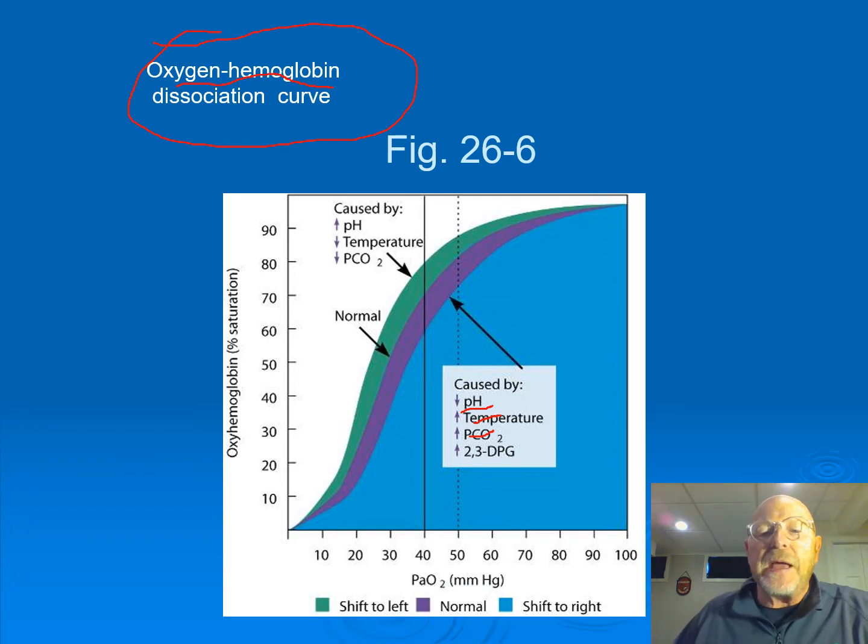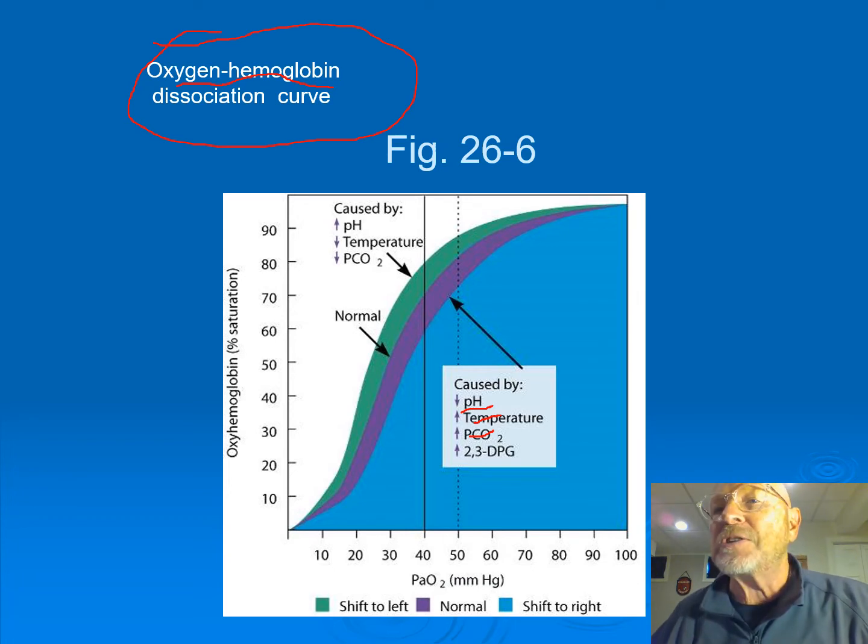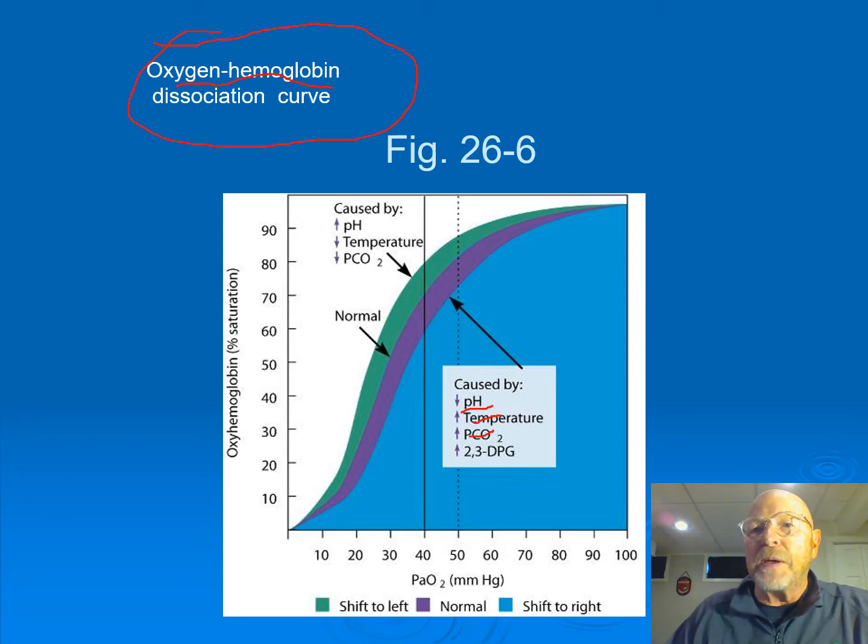If the pH level, CO2 level, and/or temperature gets way outside of the normal range, or what we call homeostasis, that is going to do one of two things. It is either going to prevent oxygen from binding to the hemoglobin molecule, or once that oxygen is transported through the body and gets to the cells and tissues, it's not going to be able to release from the hemoglobin in order to get into the cells and tissues.